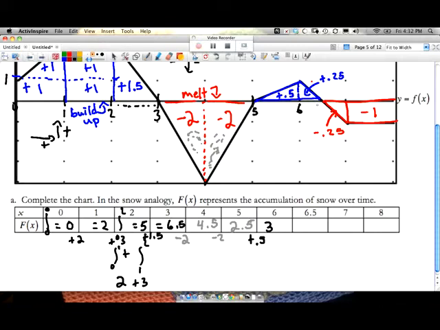And then when we move from 6 to 6.5, here right in the middle, we add still yet another quarter, 0.25. So that gives us 3.25. And what else do we got? When we move from 6.5 to 7, now we subtract.